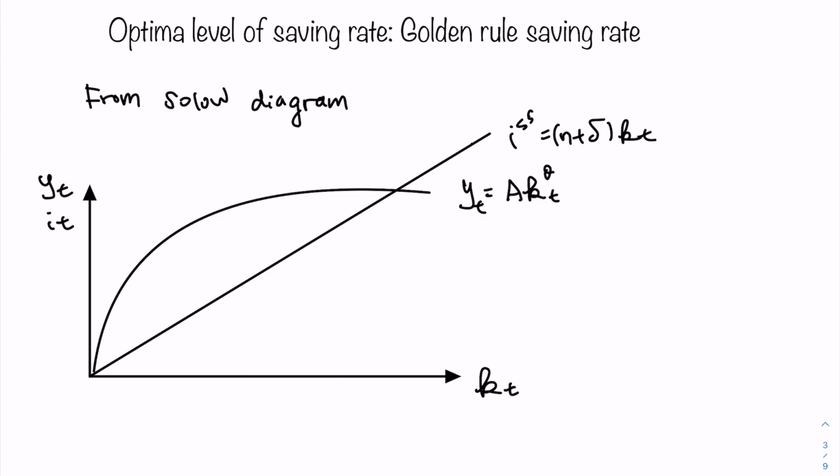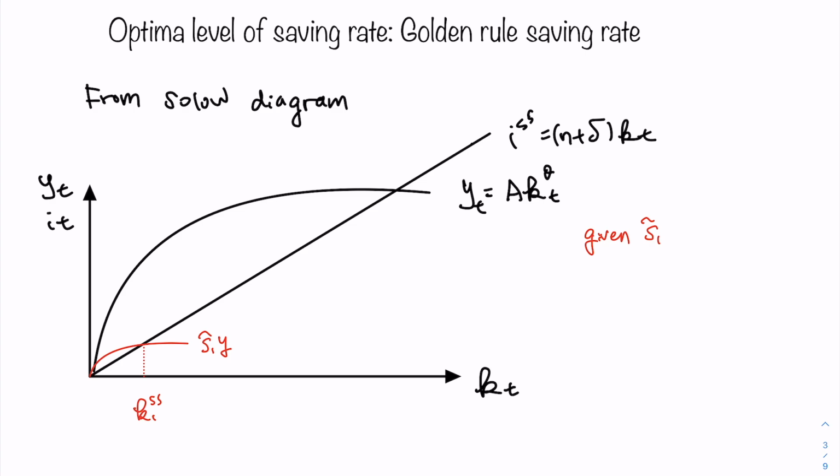The last line that we need to draw is that once we are given a saving rate, the savings need to be equal to the investment. The saving curve represents the size of the actual investment. When the actual investment equals the investment indicated by the steady state condition, the intersection of these two lines is the capital stock in the steady state.